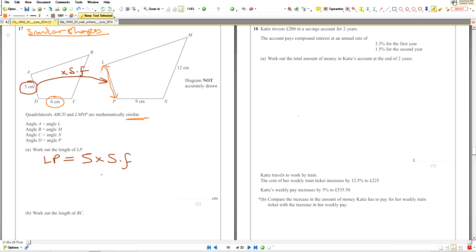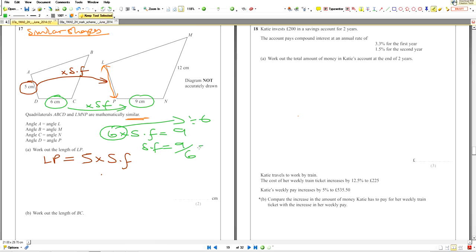So the number 6 corresponds with 9. From here we can work out the scale factor. So we say here that 6 multiplied by the scale factor is equal to 9. The opposite of times by 6 is, so the scale factor will give us 9 over 6, which will give us what? 1.5, yeah?